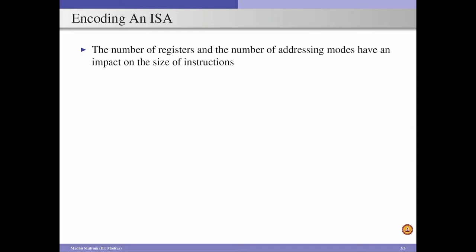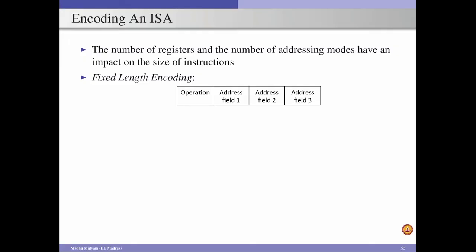For example, if you have 64 registers as compared to 32 registers, we have to spend 6 bits of the address to refer to a register in the case of a 64 entry register file, whereas in the case of a 32 entry register file we require only 5 bits to specify a register. And at the same time, if we increase the number of addressing modes, that also has an impact on our instruction length, because we need to specify what addressing mode we are using for that particular operand.